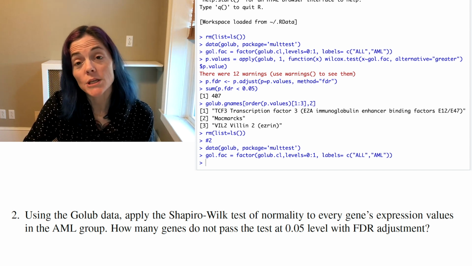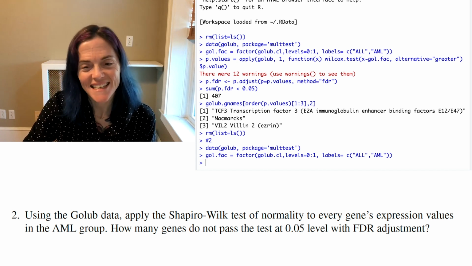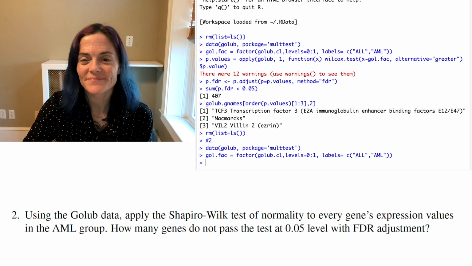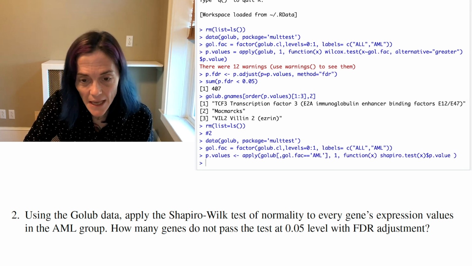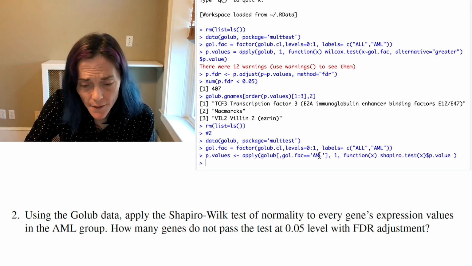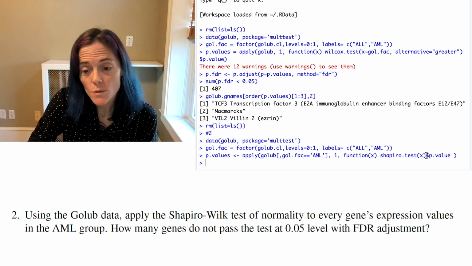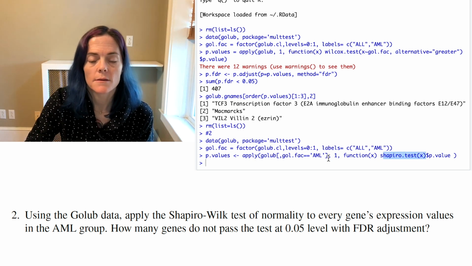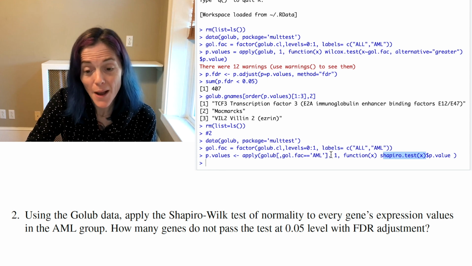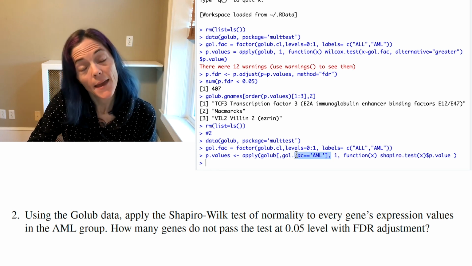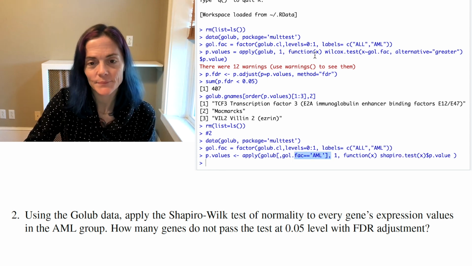Once again, I'm going to use the apply function. We can see here the function I have used is shapiro.test, and I am only looking at the AML patients.